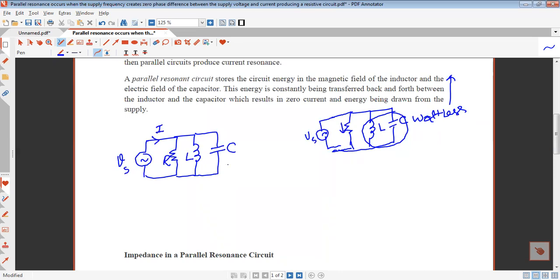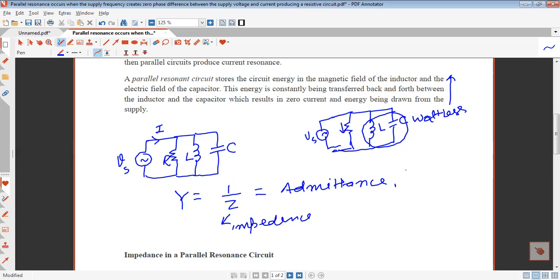Here the term Y is defined as 1 by Z, and it is called admittance. We have already seen that Z is called impedance, and Y is called admittance.